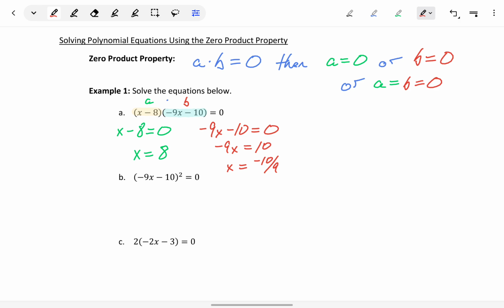Or if x is equal to negative 10 ninths, then expression B will be equal to 0, meaning we have A times 0 is equal to 0. So in either of these two cases, when x is equal to either 8 or negative 10 ninths, this equation will be equal to 0, and we have our two solutions.